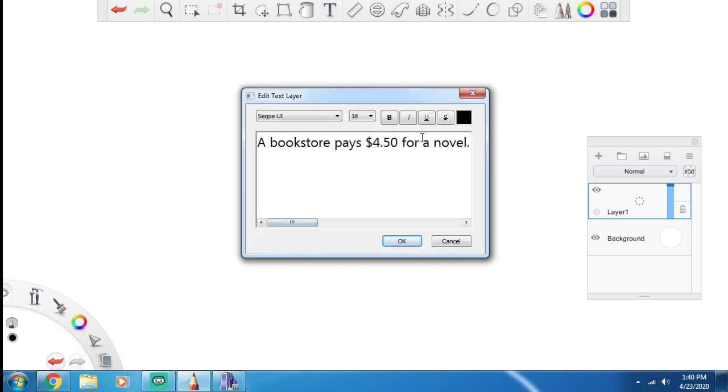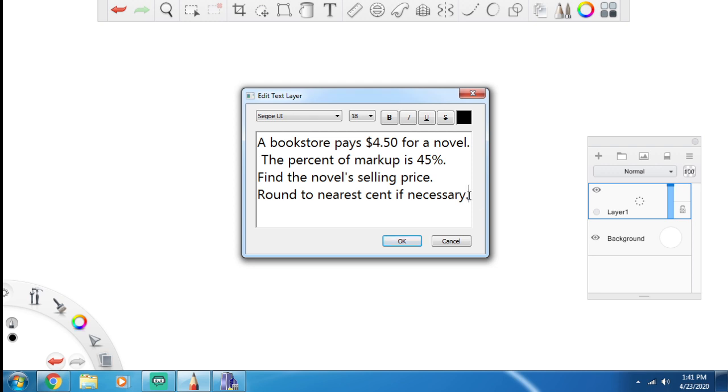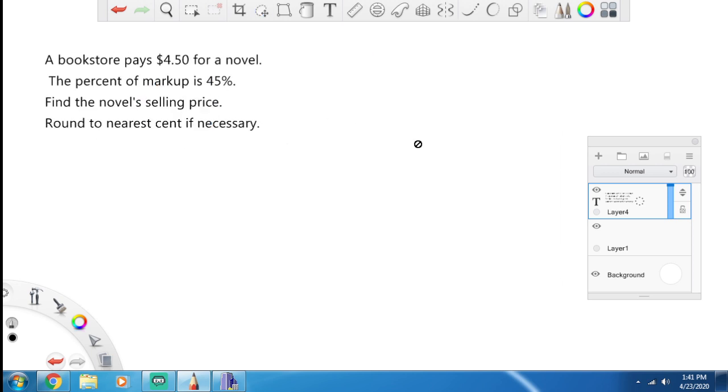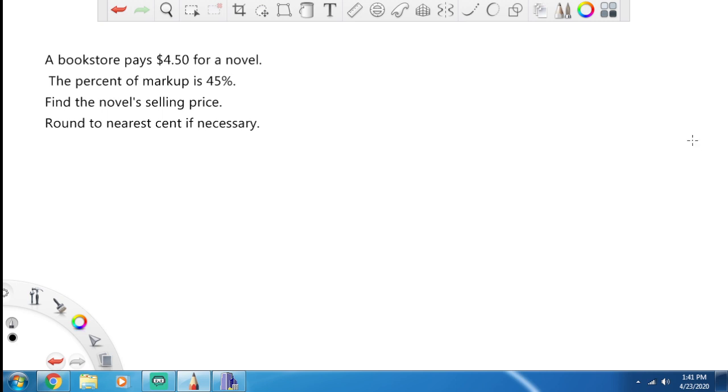This is our bookstore. But yeah, I still think we're struggling a bit with markup and stuff, so we're going to keep doing some of those today.